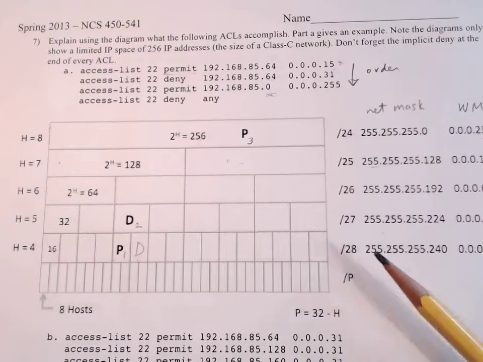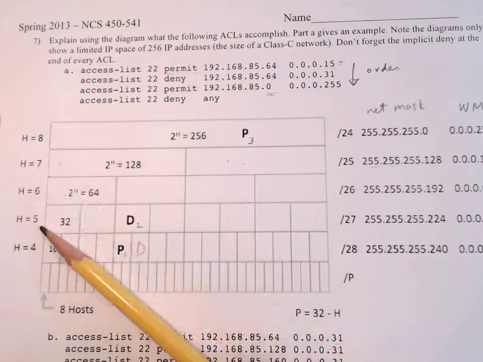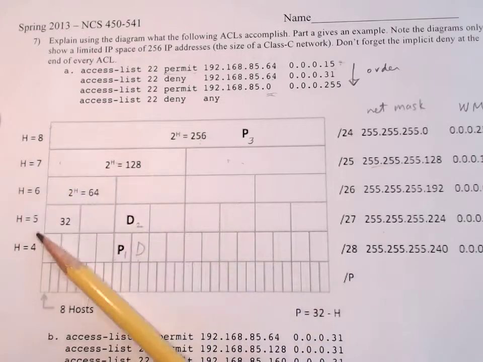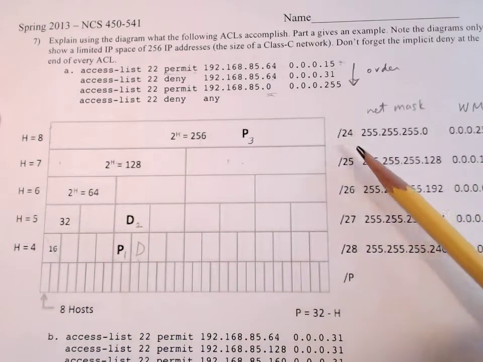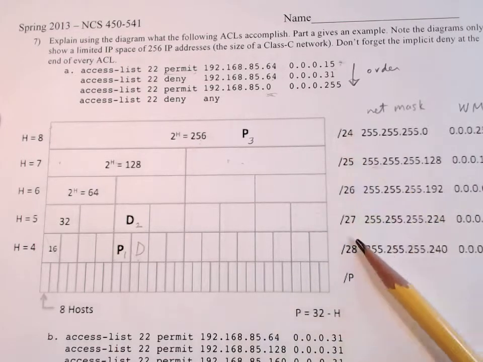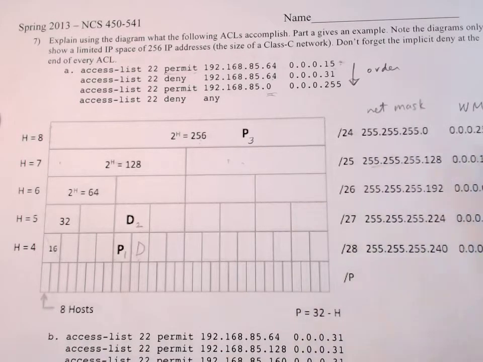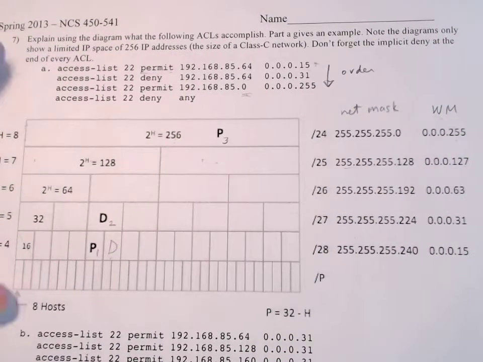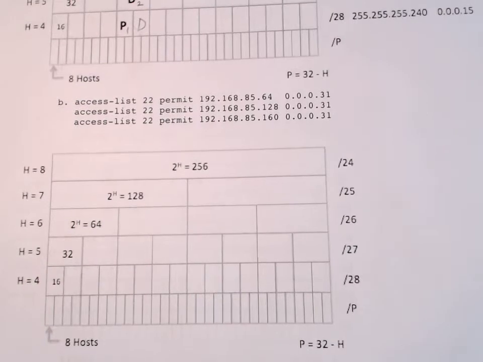You should practice making this little diagram on your own, labeling it with the H value, the number of bits in the host address. Each H value has a corresponding slashed value for the IP subnet, and a corresponding net mask and wildcard mask. In the next video, I'll do part B of problem 7.